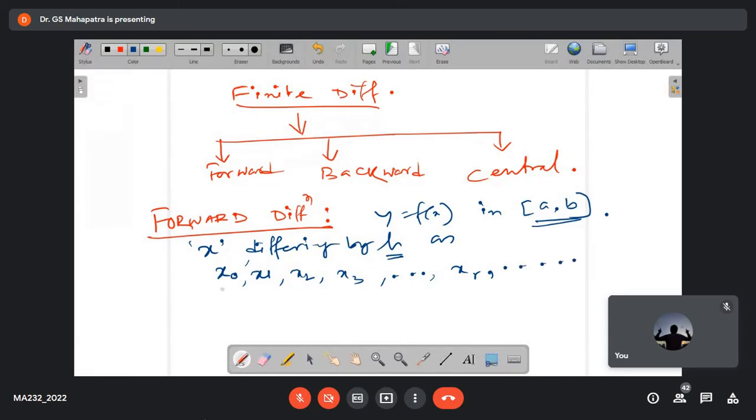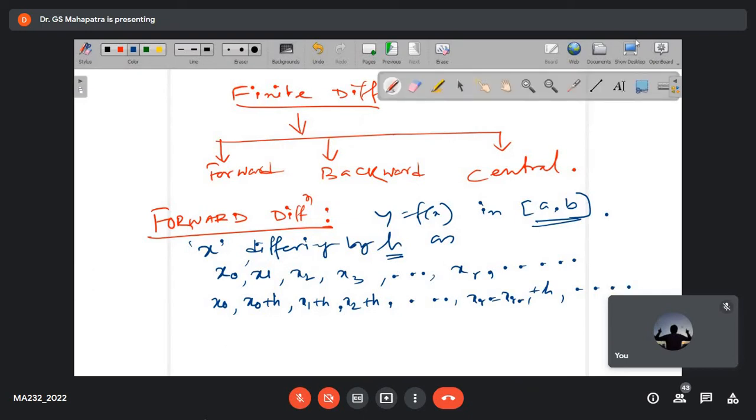Differing by h, we can write x0 plus h, x0 plus twice h, or else x1 plus h, x2 plus h, xr equals xr minus 1 plus h, and so on. You can represent this in a different form also: x0, x0 plus h, x0 plus twice h, x0 plus 3h, and so on.